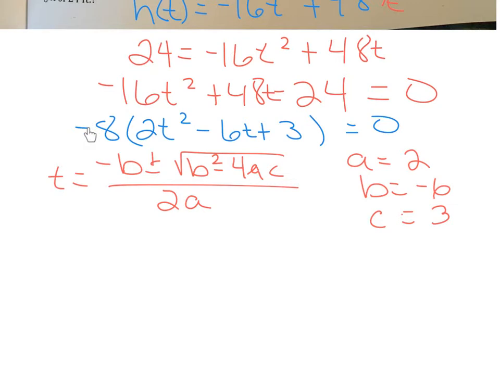Again, when you factor out a GCF, as long as there's no variable in your GCF, it does not affect a, b, and c. It won't affect your solutions after all that. It just makes a, b, and c smaller, and therefore the quadratic formula a little bit easier to manage. So this is perfectly fine. And now we're going to substitute them in.